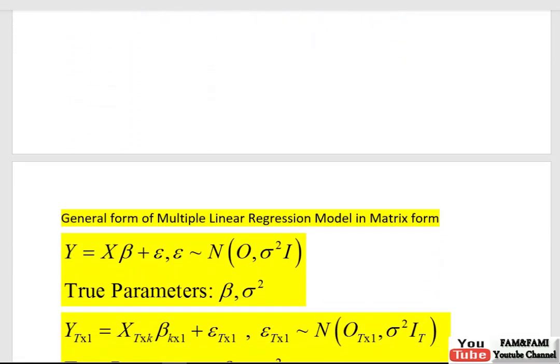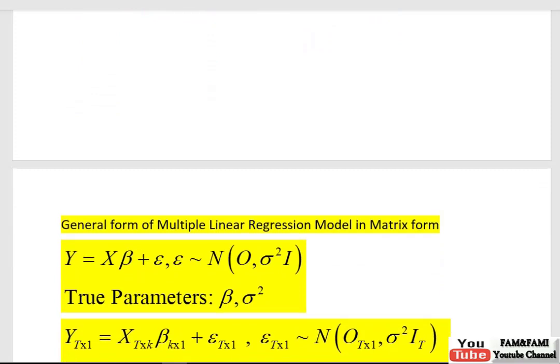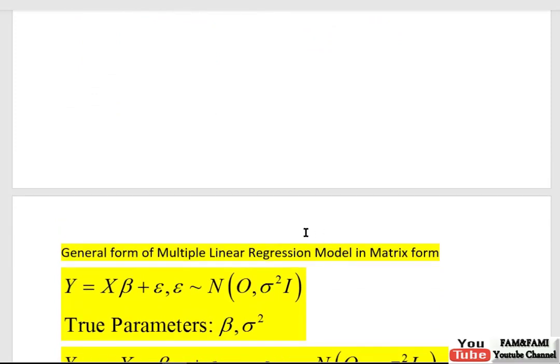Now for completeness, here I have written one more time the general form of a multiple linear regression model, now in matrix notation. Big Y is equal to big X big beta plus big epsilon, and big epsilon is normally distributed with mean, instead of saying 0, the null vector O, and covariance matrix sigma square identity.